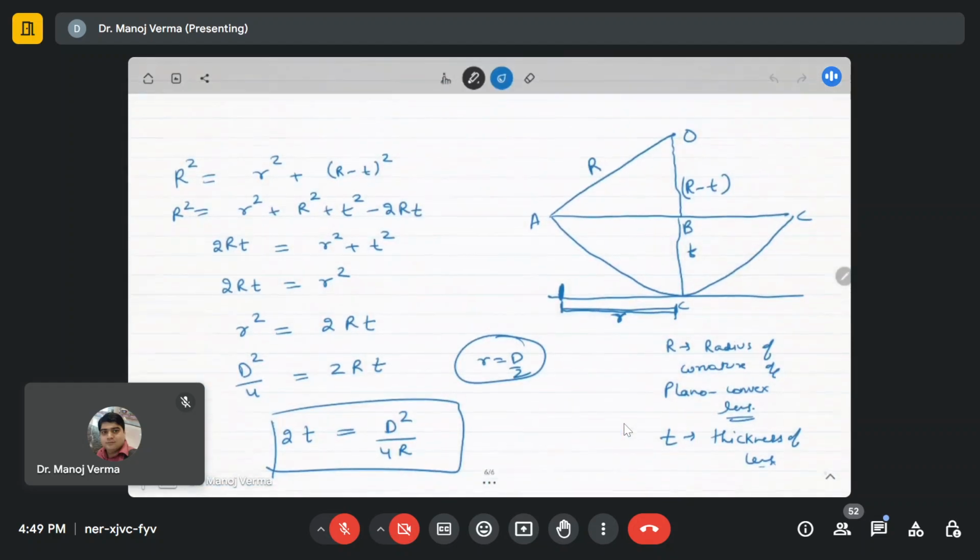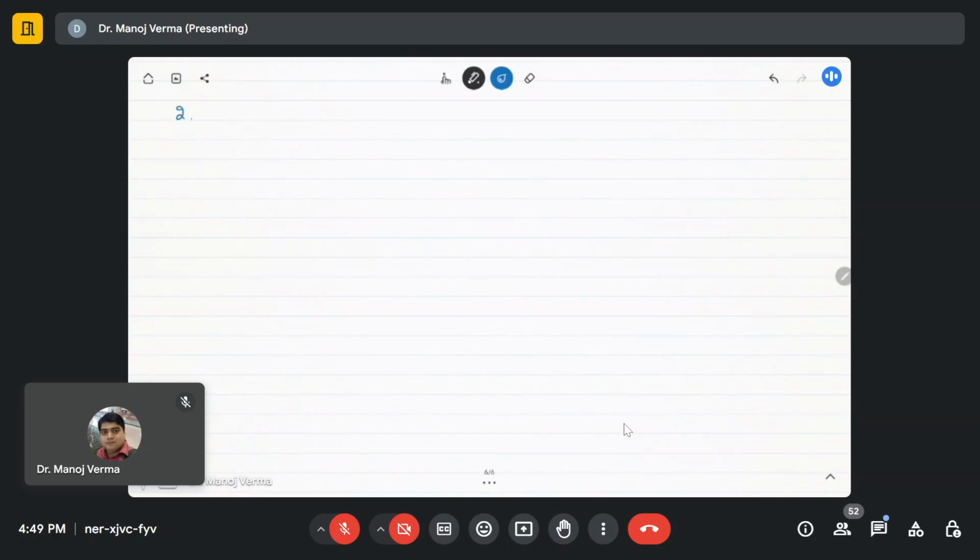Now the same path difference, 2 mu t cos r plus lambda by 2, if this path difference is equal to an odd integral multiple of lambda by 2, then it will be the condition for destructive interference, and it will give you a dark fringe. So the condition for a dark fringe will be simple: 2 mu t cos r equals n lambda, right.